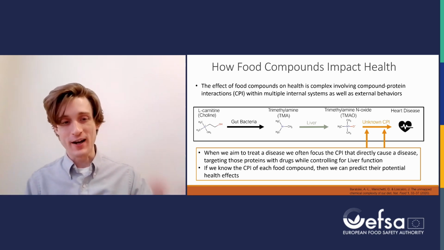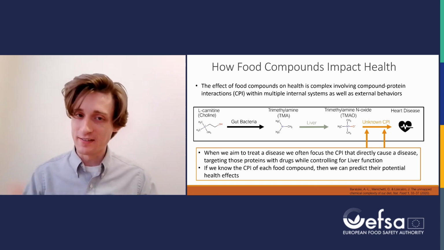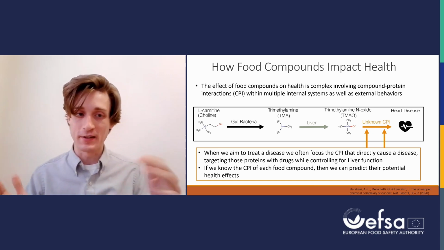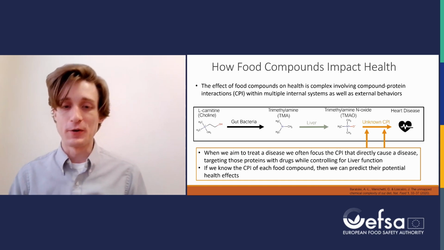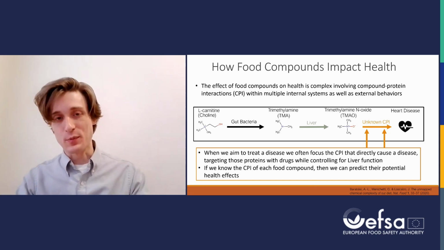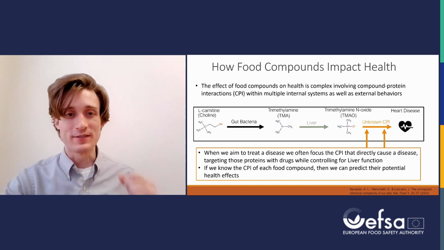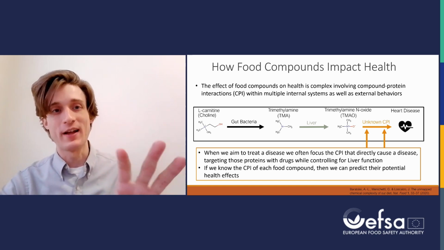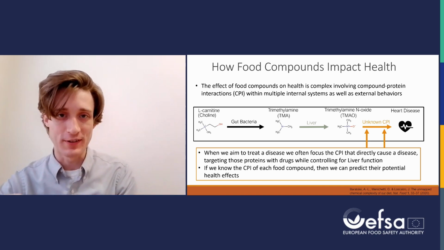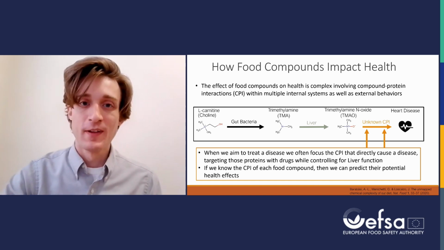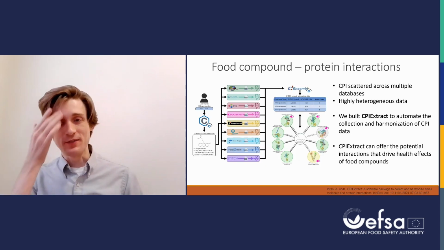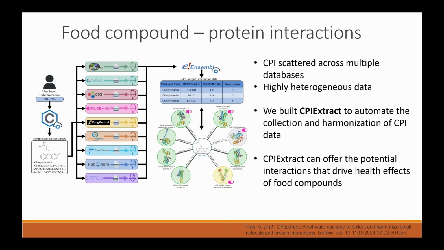And while also trying to control for the upstream effects of, say, the liver or the gut microbiota. And so using this as inspiration, we were looking at how can we apply this type of methodology to food compounds. And so the first thing that we did was try to look for compound protein interactions for food compounds.